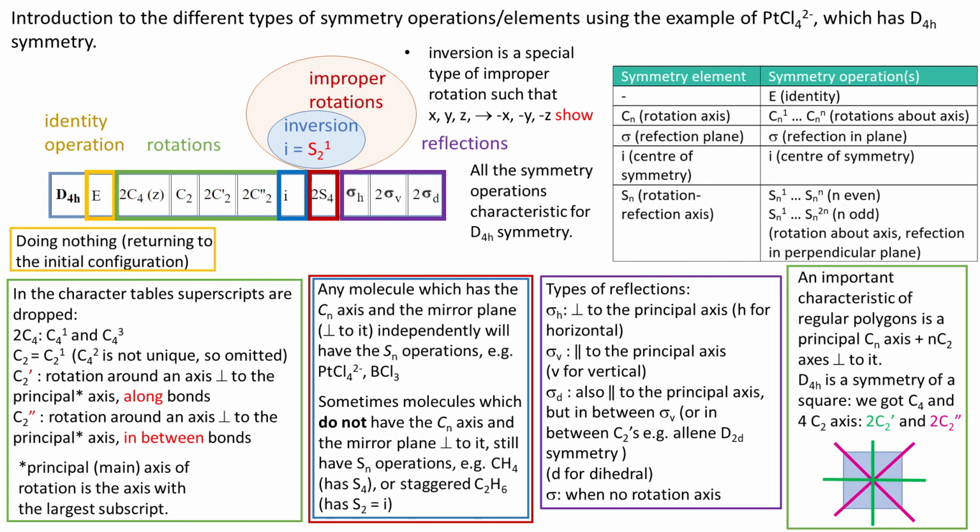Now let's have a last look at the complete list of symmetry operations for D4h symmetry. 2S4 refers to S4^1 and S4^3 because they are unique. Also, please remember that inversion is S2^1 and it does not come from S4^2. S4^2 simplifies to C2^1 as we explained earlier.